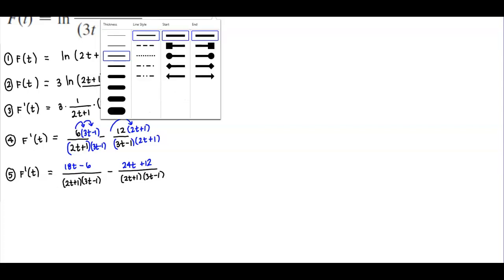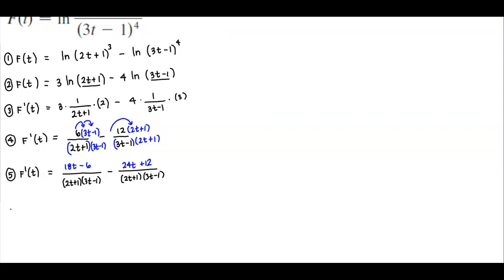Okay, so now we can go ahead and distribute that sign. So we have f prime of t. In the numerator, we have 18t minus 6. Distributing the sign gives us minus 24t minus 12, over the common denominator of 2t plus 1 times 3t minus 1.